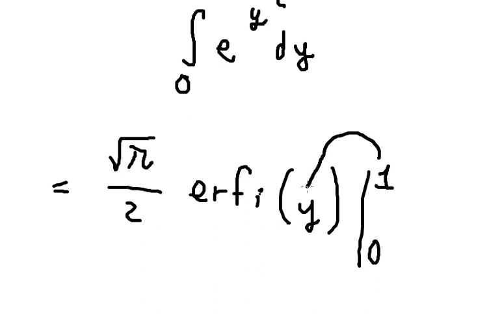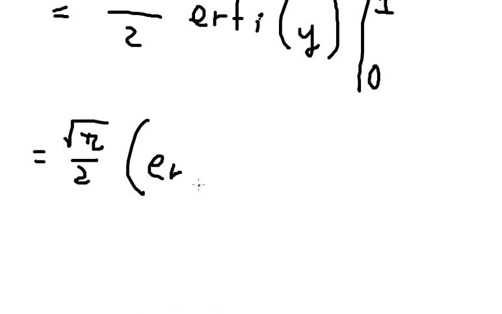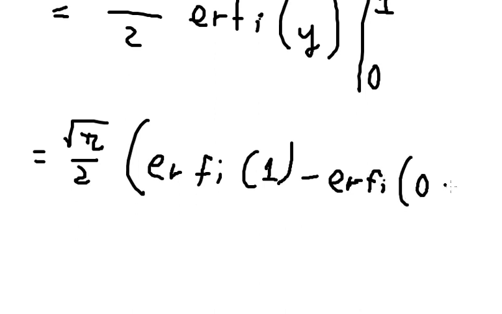Now we put number 1 in here, number 0 in here. And this one equals number 0, and we just have only this one.